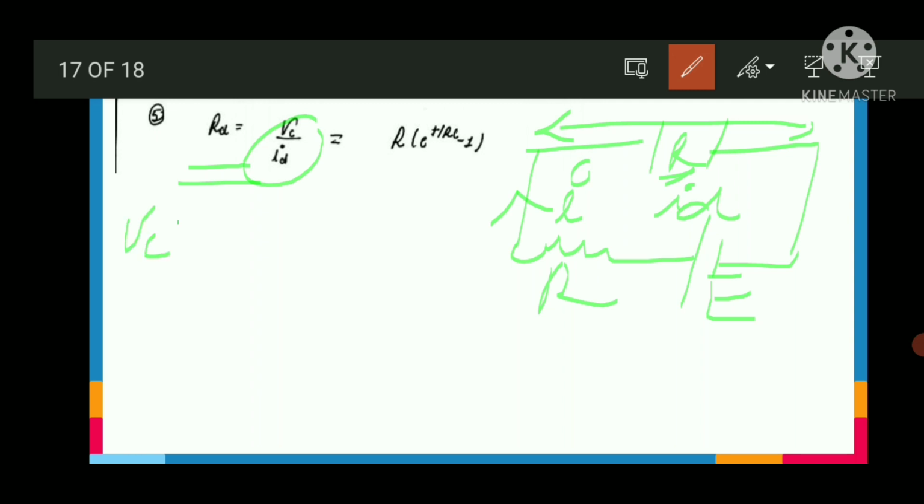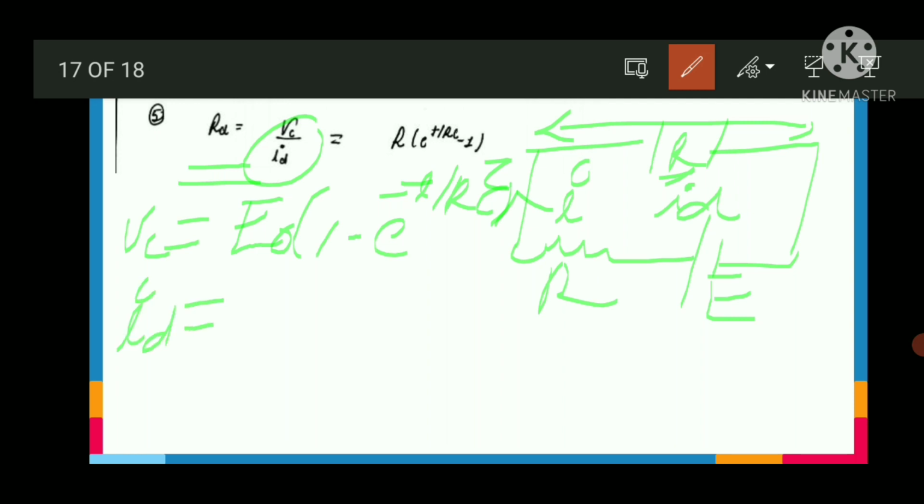The potential drop VC equals E naught times 1 minus e to the power minus t upon RC, or t by tau. Similarly, ID equals IC, and IC equals I naught e to the power minus t by tau.